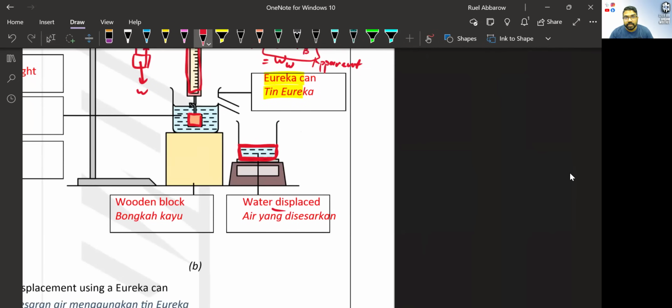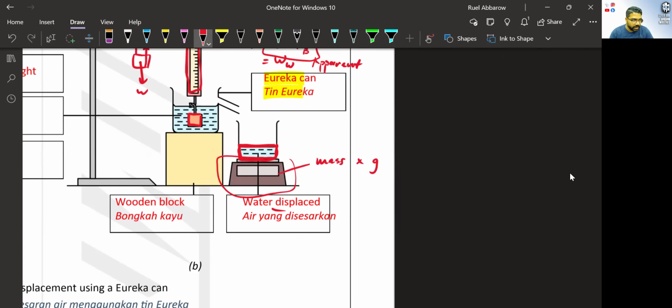So how to find the buoyant force? Get the weight. This is why we have an electronic balance here. The electronic balance will not directly give you weight. It will give you the mass of the liquid displaced. And when you want to find the weight, then you have to multiply by g.